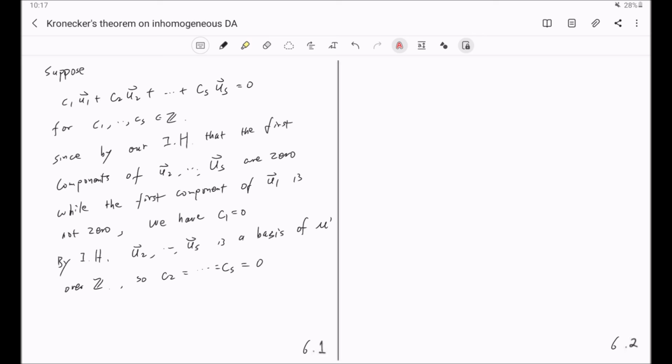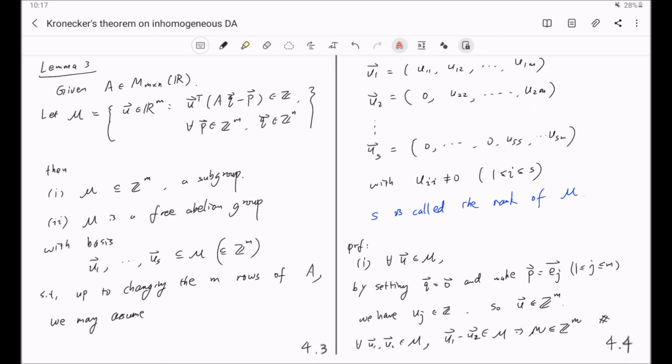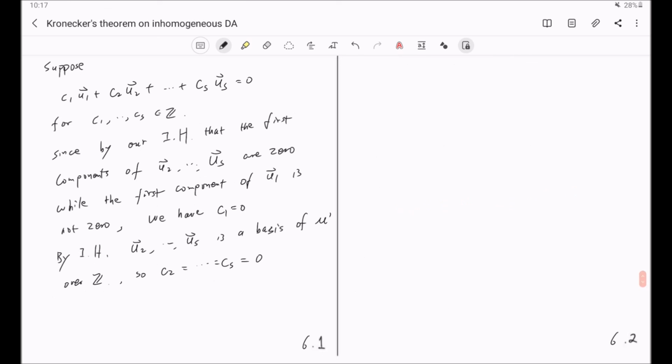So c1 through cs are all equal to 0. And that shows that u1 through us are independent over Z linearly. And this verifies this claim, which proves this whole lemma. So we are done.